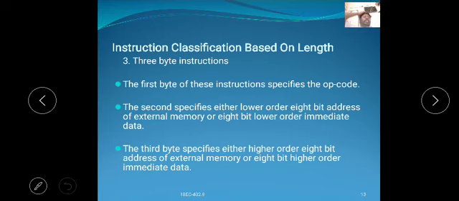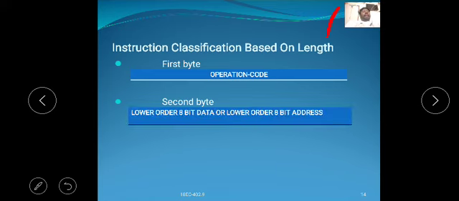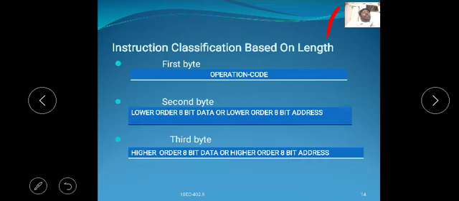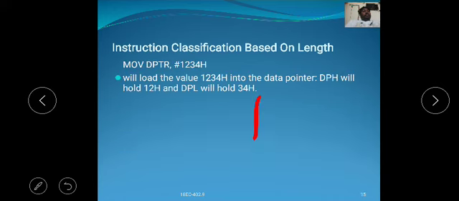The third byte specifies either the higher order 8-bit address of the memory or 8-bit higher order immediate data. So the first byte is the operational code, the second byte is the lower order 8-bit data or address, and the third byte is the higher order 8-bit data or address.